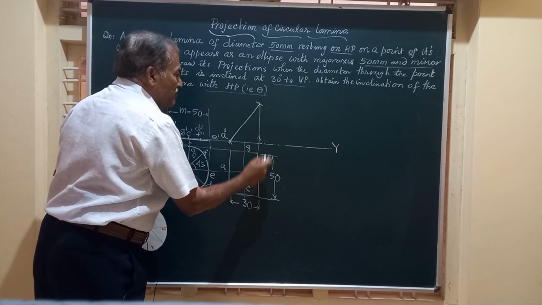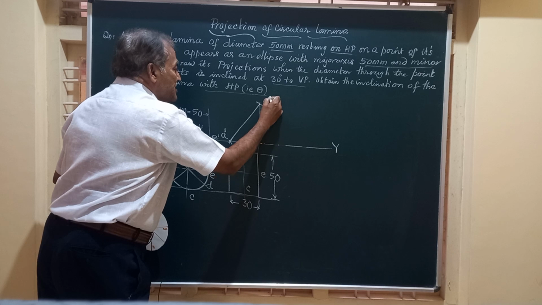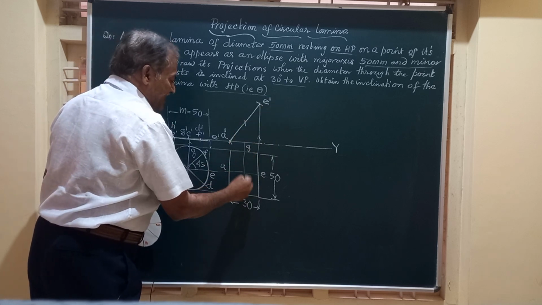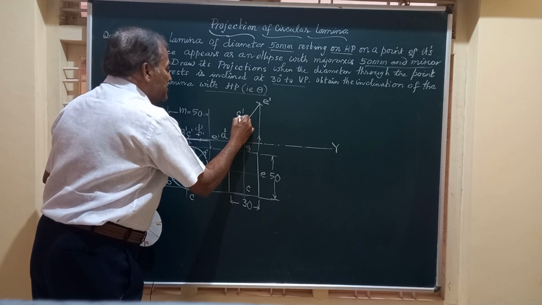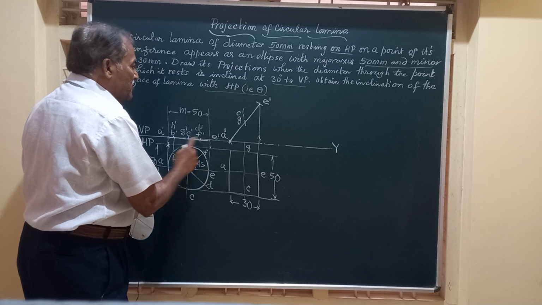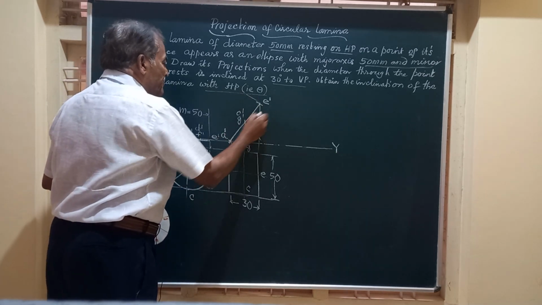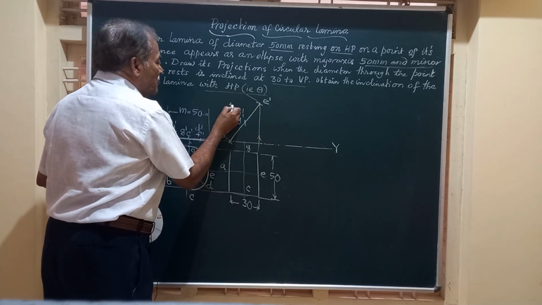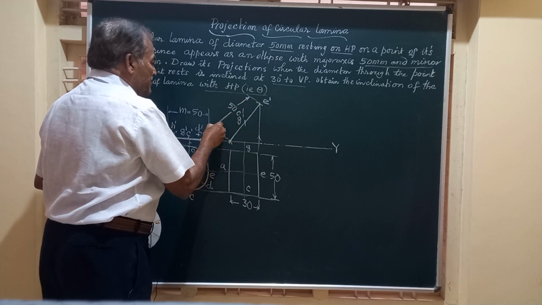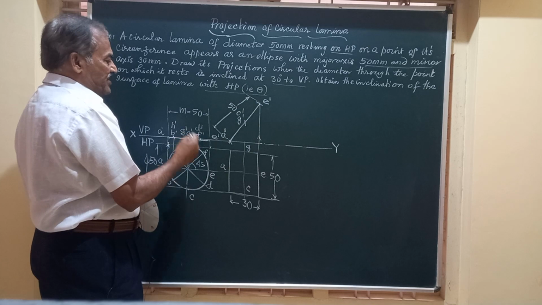That end point will be E, so this is E dash. Friends, then you can mark the other points like C dash, G dash. Then on this, mark whatever points you got. And remember friends, this is again equal to 50 mm because this diameter length remains the same, 50 mm.